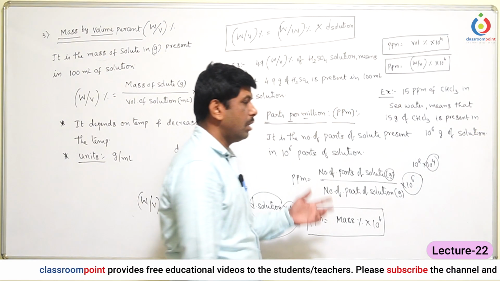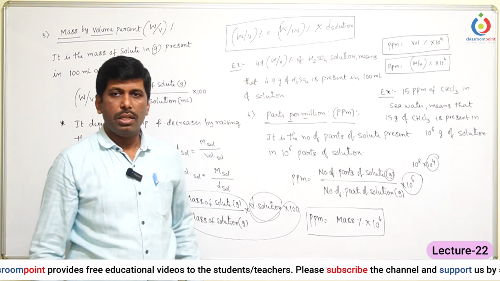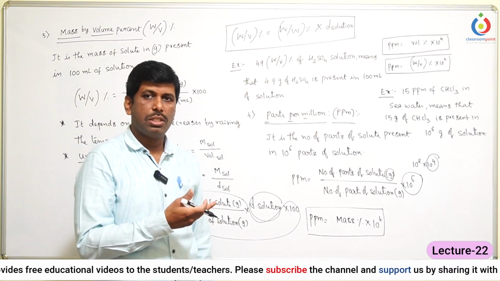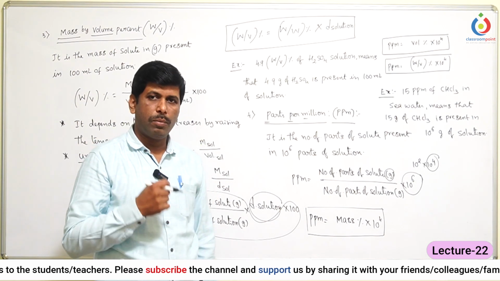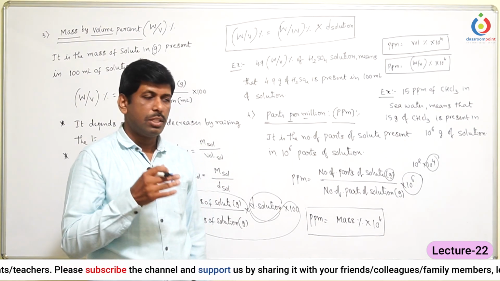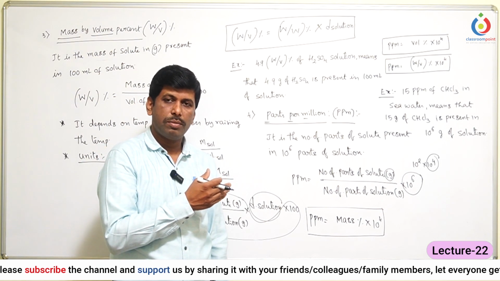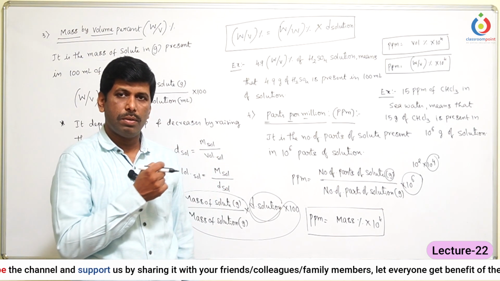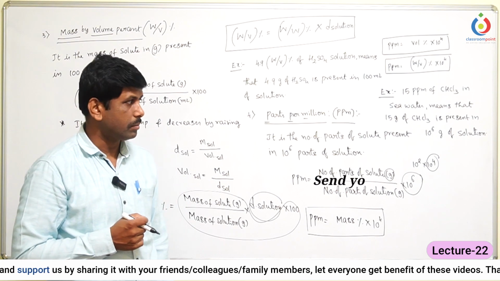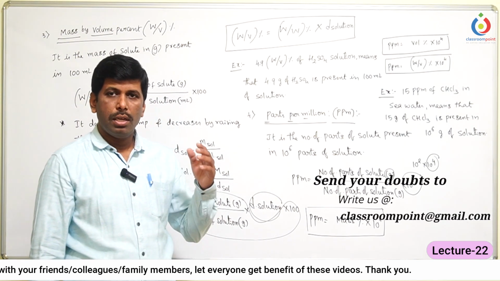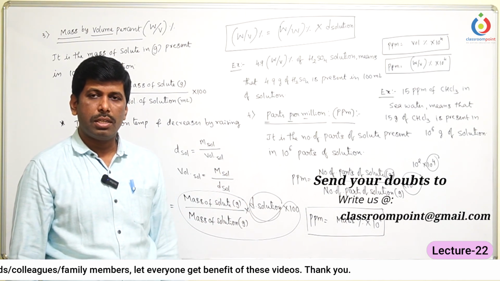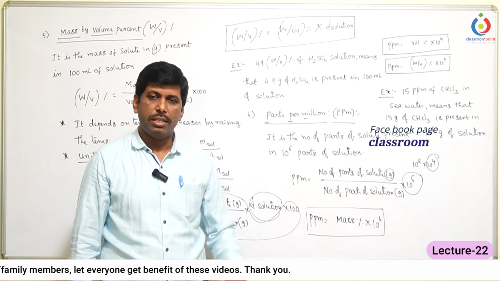Solution here is nothing but seawater. So in this case solution is equal to solvent. Why? Because the solute quantity is almost negligible. So that's why we can take the mass of the solution equal to mass of the solvent for ppm calculations. And as I said, ppm is used only for measuring the concentration of pollutants.